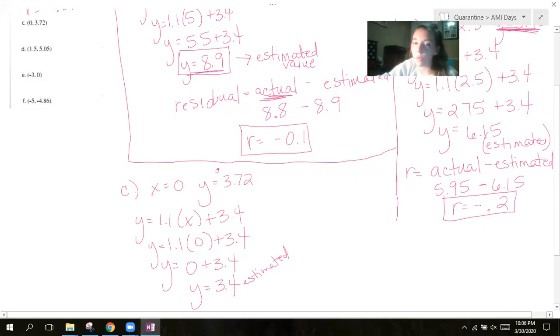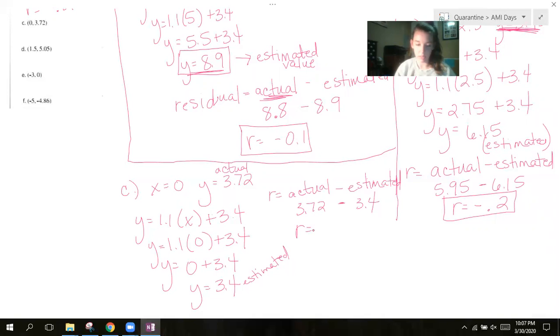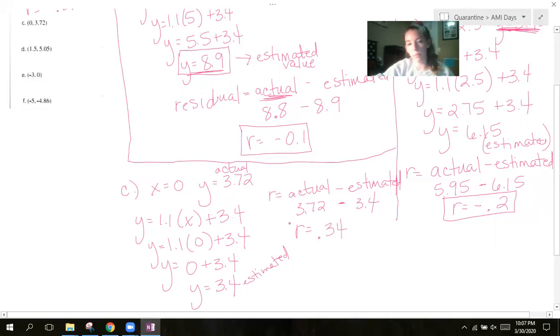The y value we started with was our actual. So in order to find our residual, we take the actual, which was 3.72, and we subtract our estimated, 3.4. So this residual is going to be positive 0.32.